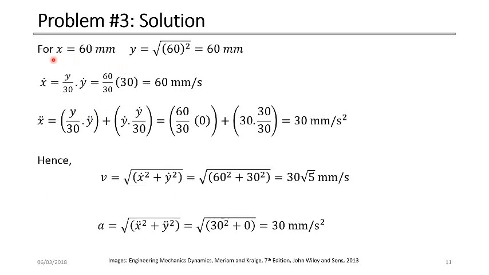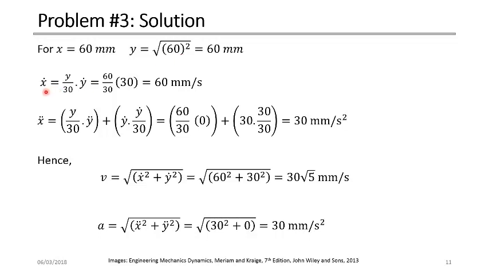It was given in the problem that all the calculations have to be made at x equal to 60 millimeter. Remember that there is a relation between x and y, so using the equation we can get y as the square root of 60 times 60, so y is going to be 60 millimeter as well. And we have y dot as 30 millimeter per second, and y double dot as 0.